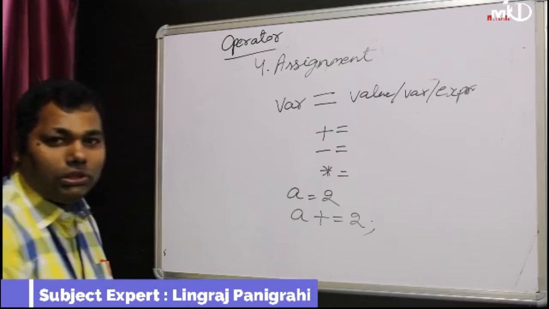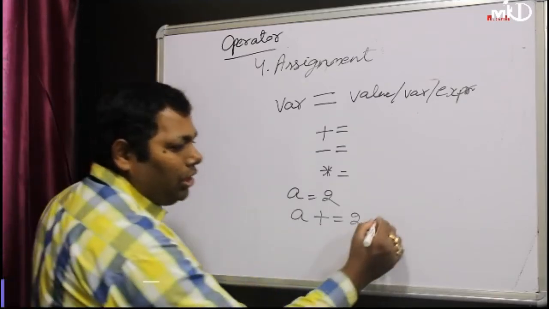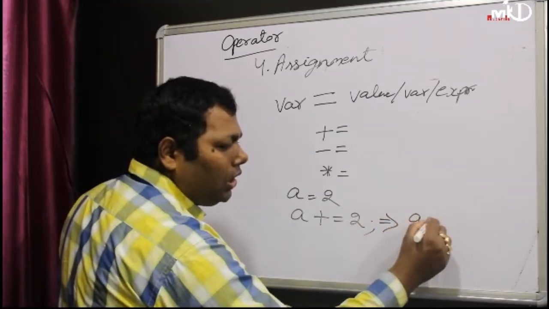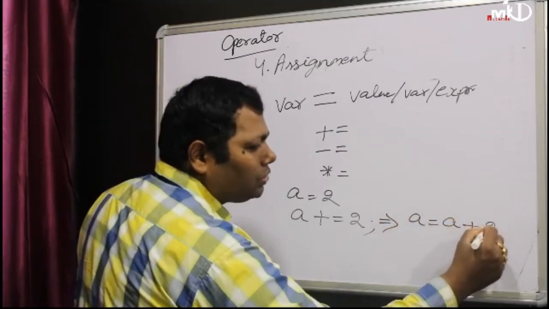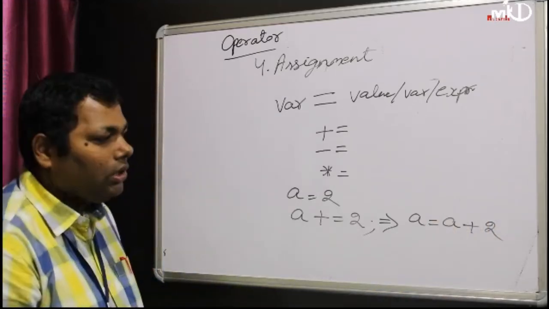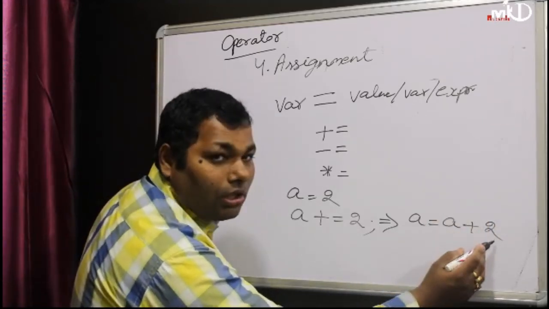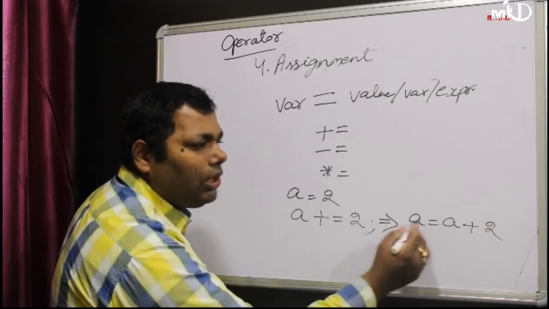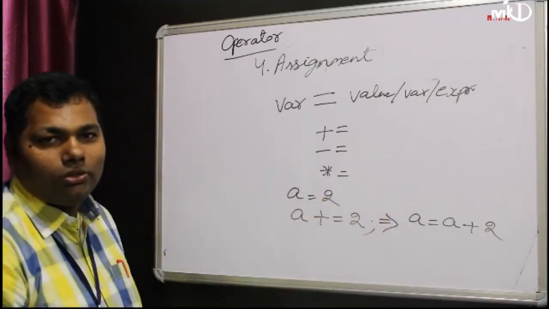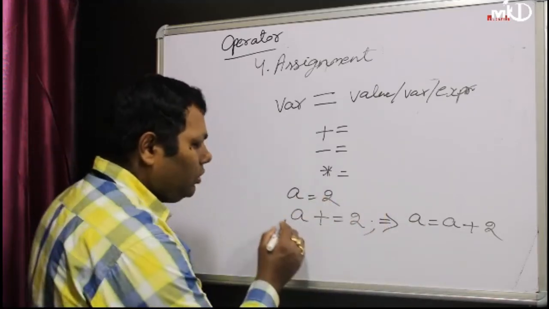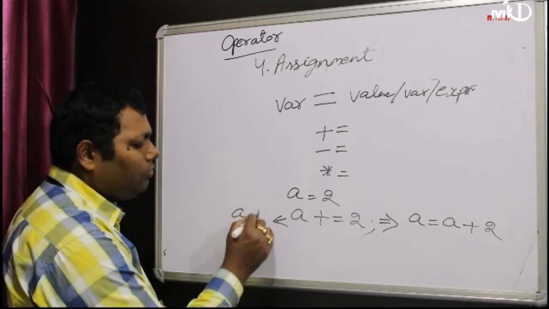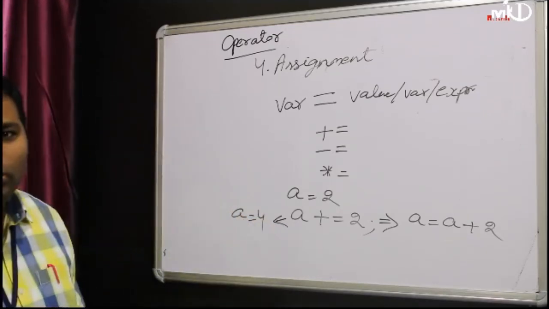What does it mean? It means A equal to A plus 2. The previous value of A will be added with the value and the new value is assigned to A. So now A equal to 4. Clear?